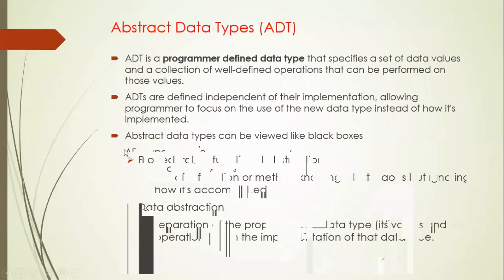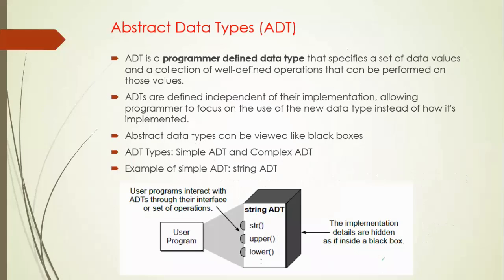Next, you need to know about abstract data type, which in short form you can say as ADT. ADT is a programmer defined data type. So ADT is one kind of user defined data type, which can also be called a programmer defined data type.